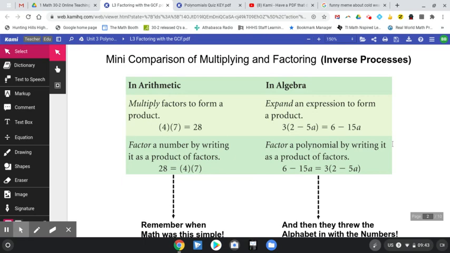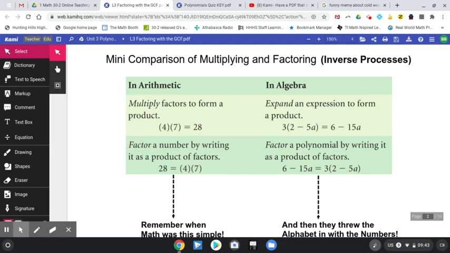So we're going to see a little comparison here. We talked about it the other day, how expanding a polynomial is kind of like the opposite of factoring a polynomial. So over here on the left side, we won't have any variables in here, just looking at arithmetic, at numbers. So multiplying factors, 4 times 7, we multiply them, we get 28.